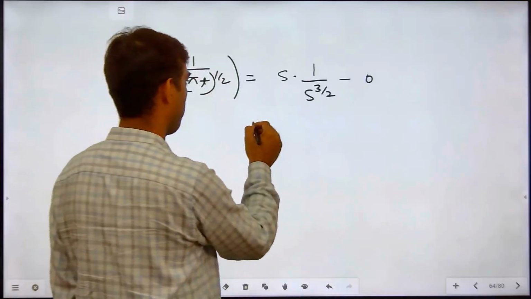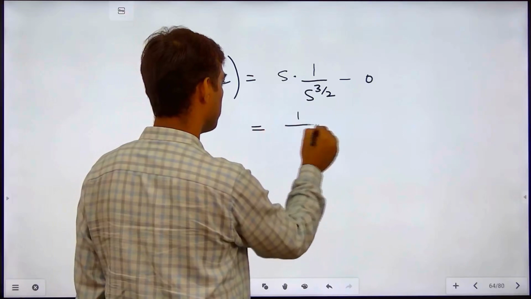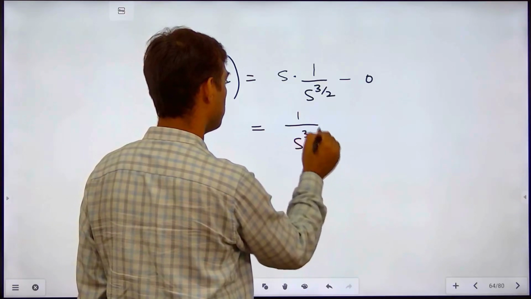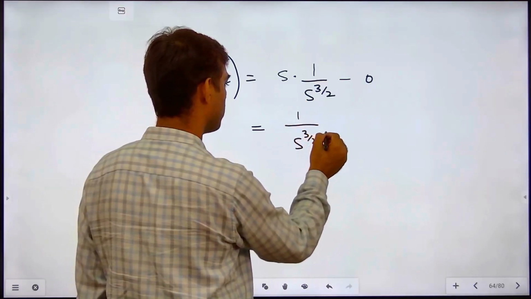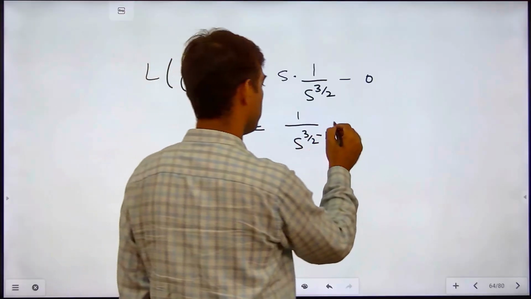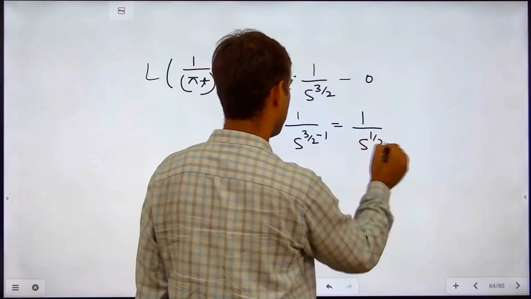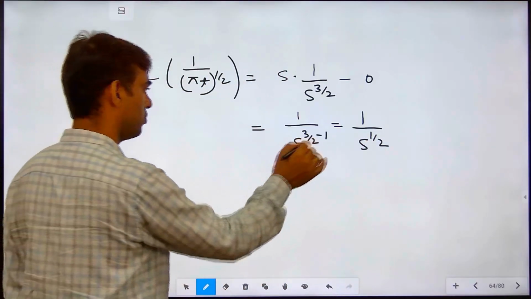So, after simplification, s F(s) becomes 1 upon s to power 1 by 2.